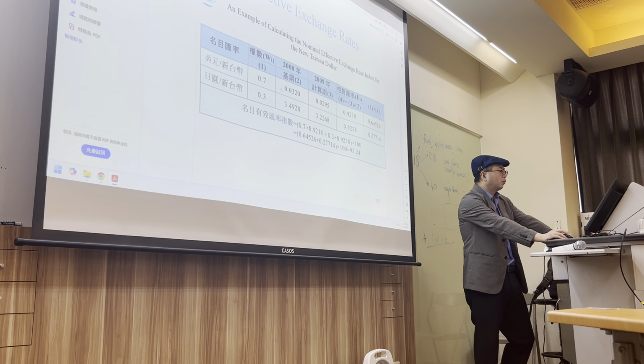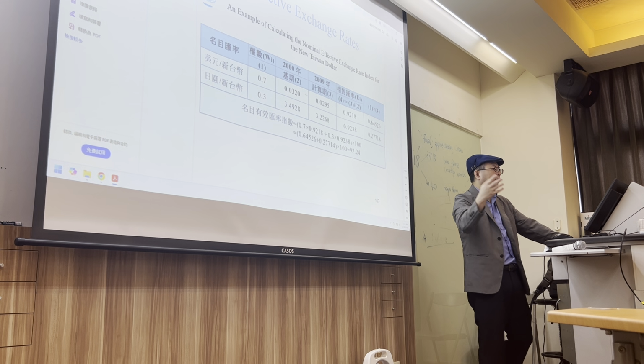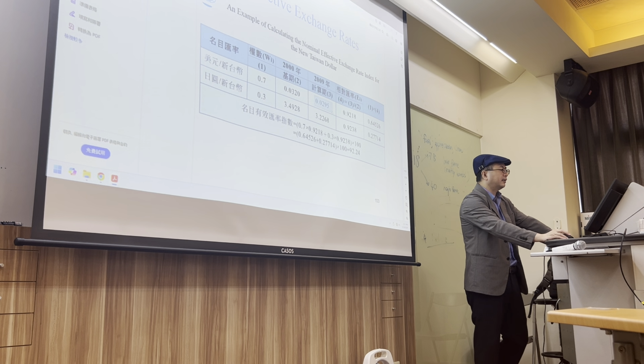Then we can use the indirect rate in this case. That's how we get the 0.0320. When we check the 2009 number again, the indirect rate, we get the second number.